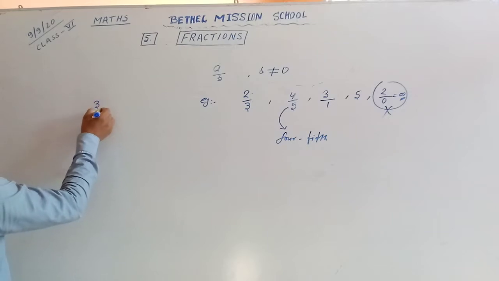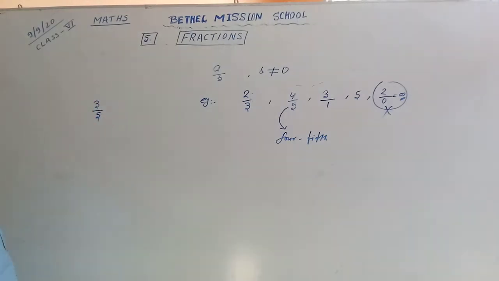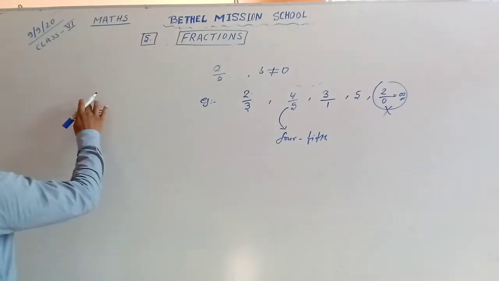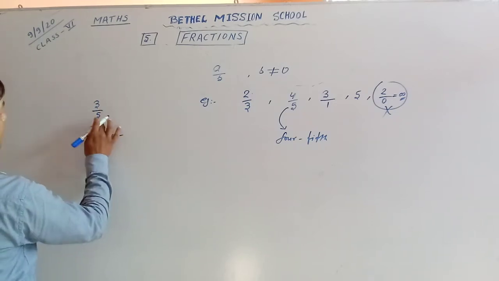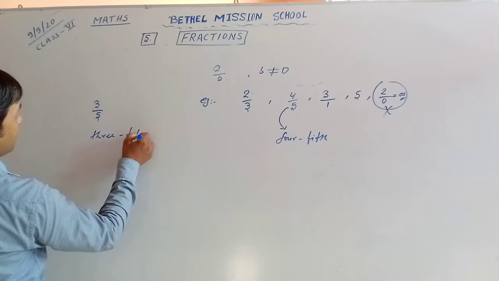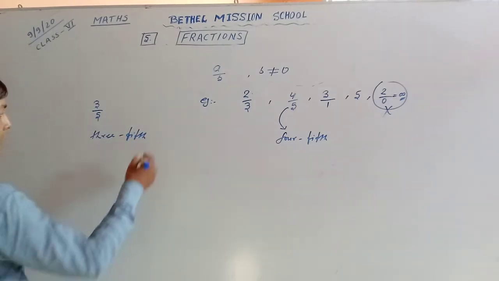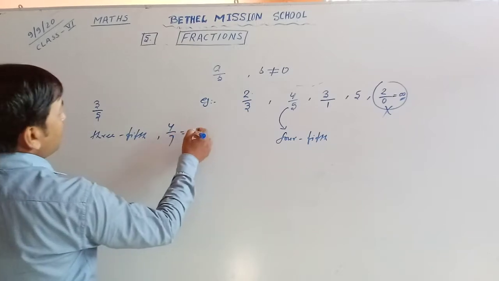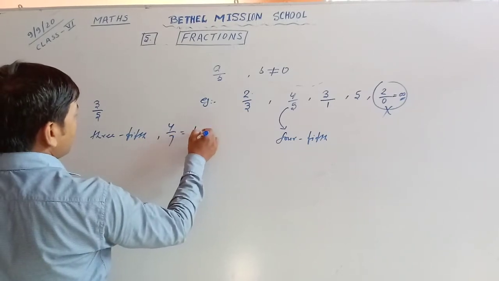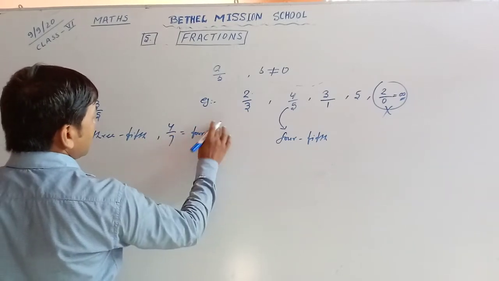This is 3 upon 5. So how will you write this? You will write 3 and this is 5th. Okay, 4 upon 7. Then how will you write? This is 4. This is 7.